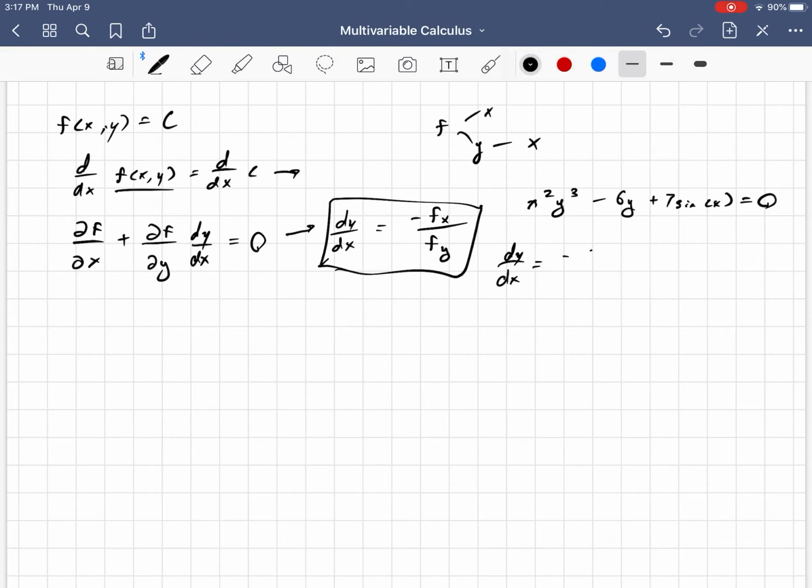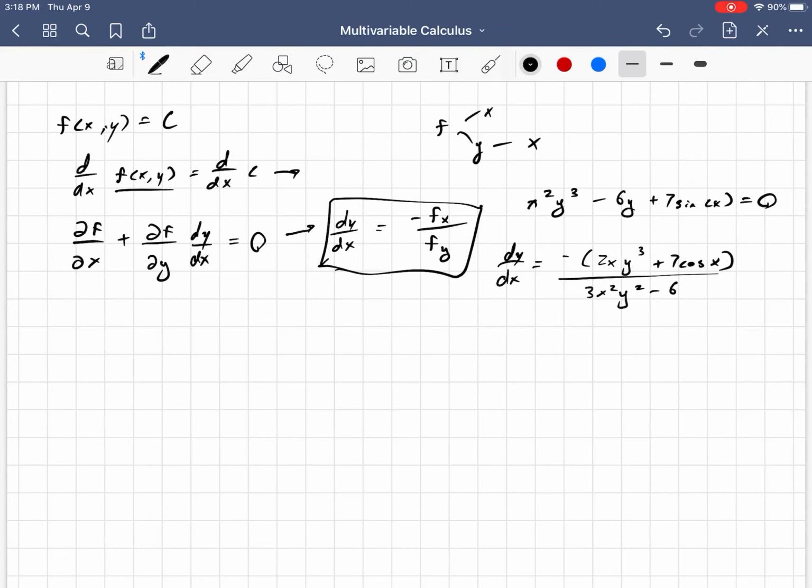Then dy over dx would be the negative of the partial derivative with respect to x, so that's 2xy cubed, 6y is a constant with respect to x, so that's 0, plus 7 cosine x, over, now with respect to y, that's 3x squared y squared minus 6, and sine x is a constant.